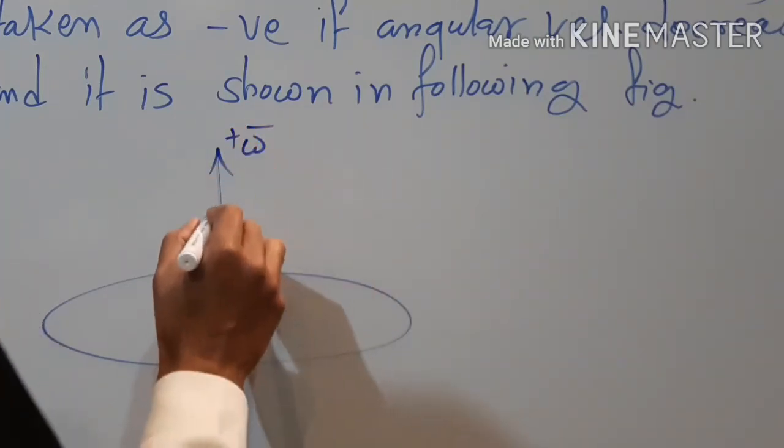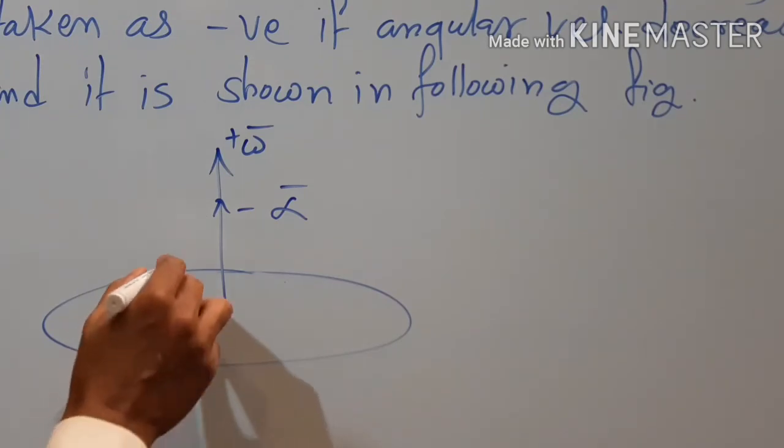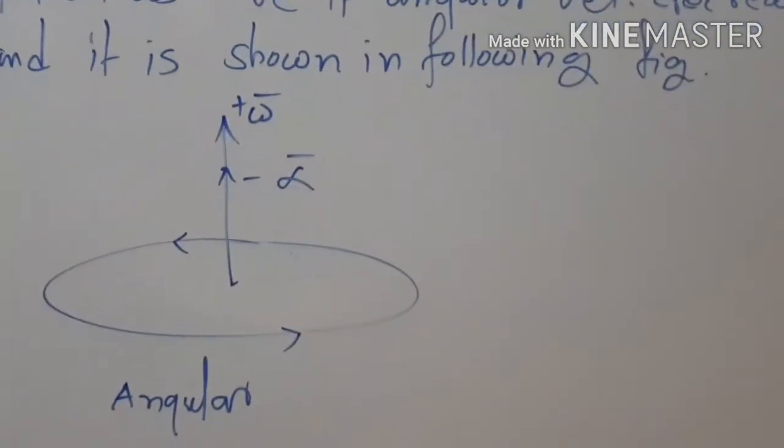Here omega bar is positive, alpha bar is also positive, angular velocity increases. Draw this figure.